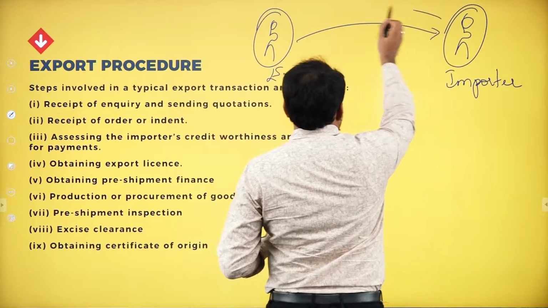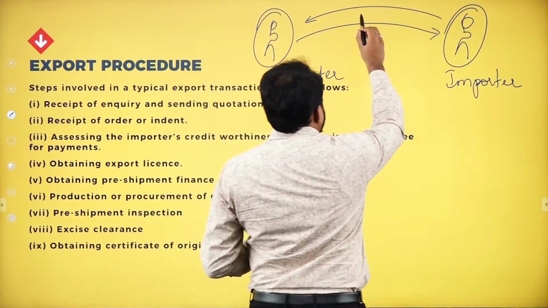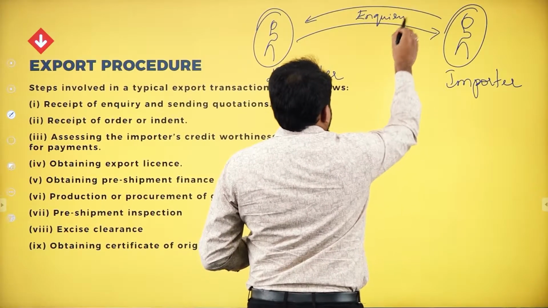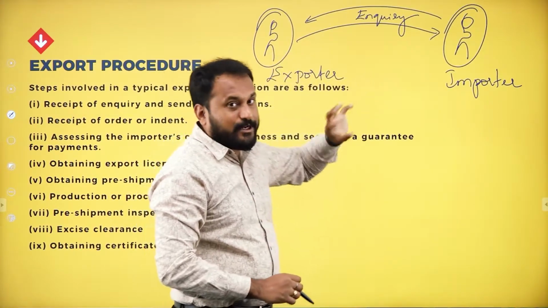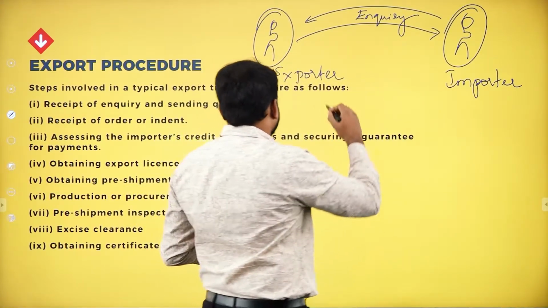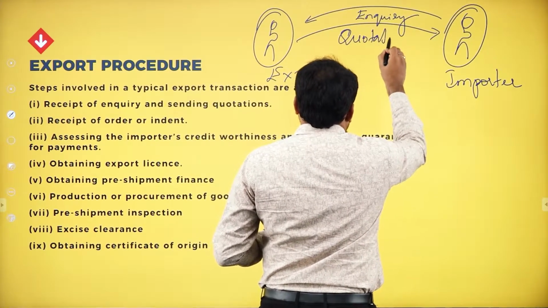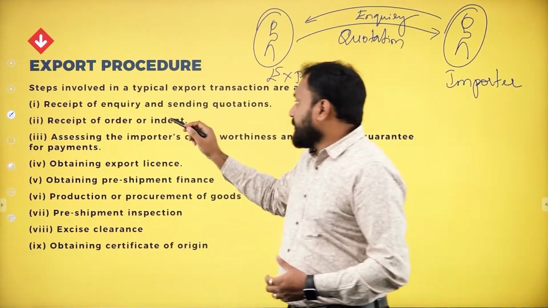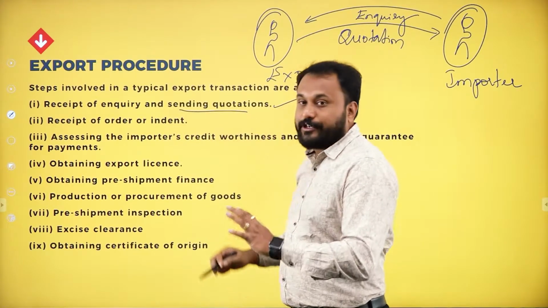The importer who is importing the product needs to send something called an inquiry. Inquiry is done. Now the exporter will check the inquiry and give a quotation. Quotation is done. So we got to know what an inquiry and a quotation are: the receipt of inquiry and sending the quotation.